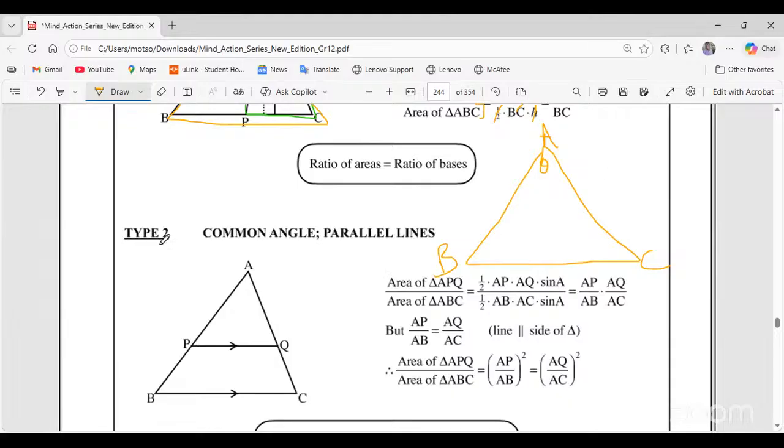If you want the area of triangle ABC, that is equal to 1/2 times these two sides, and note that these two sides meet there at the angle.